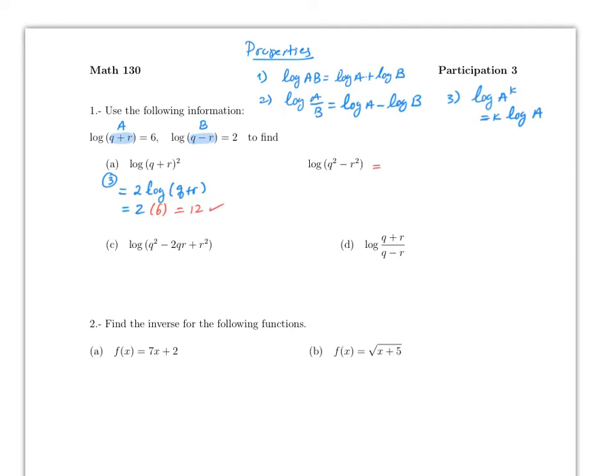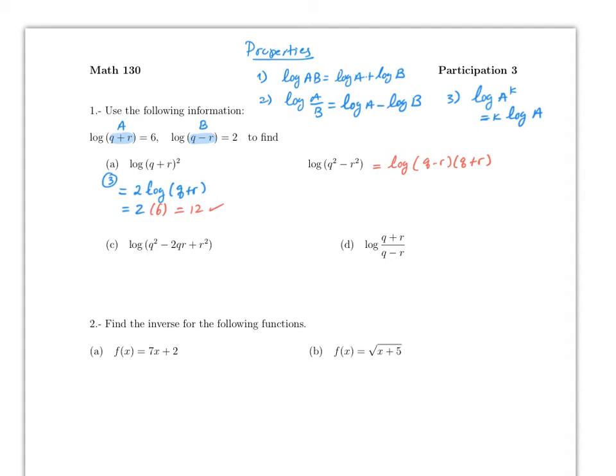Now here, if you factor this, remember that Q squared minus R squared is the same thing as Q minus R times Q plus R. Right, so now this is property number 1. This is a product.